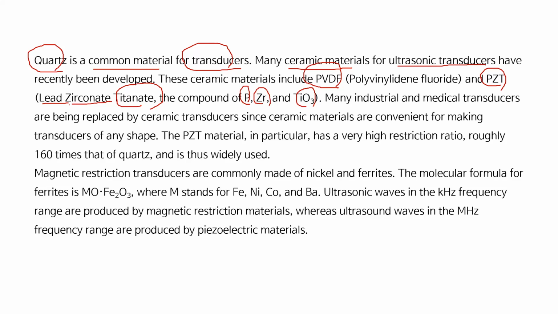Many industrial and medical transducers are being replaced by ceramic transducers since ceramic materials are convenient for making transducers of any shape. The PZT material in particular has a very high piezoelectric ratio, roughly 160 times that of quartz, and is thus widely used. So PZT materials are now widely used for medical or industrial applications.